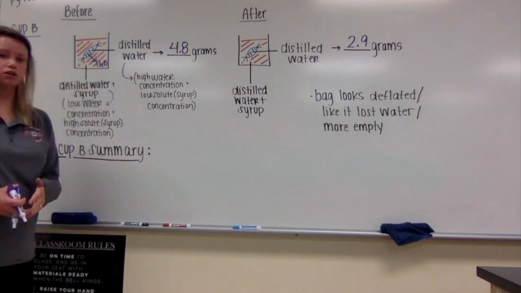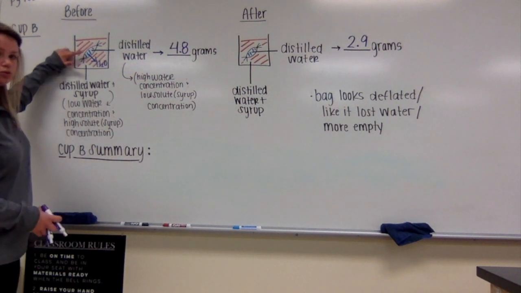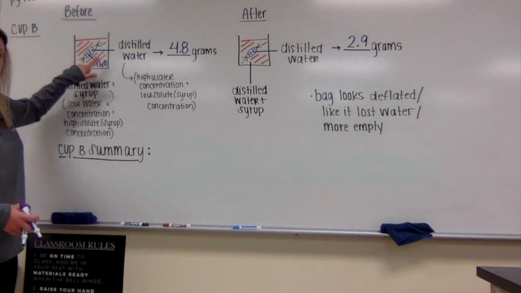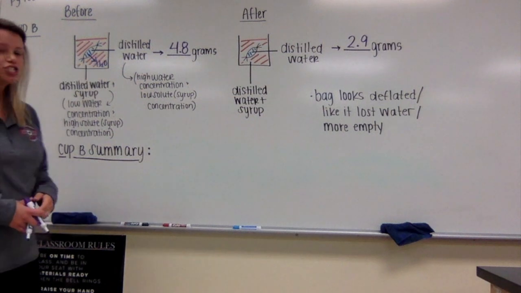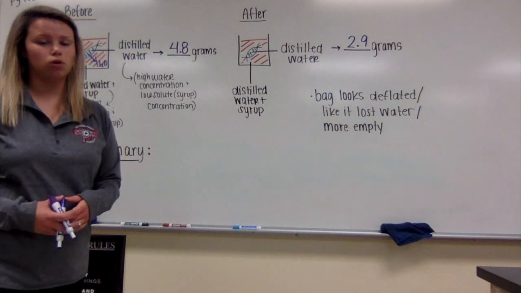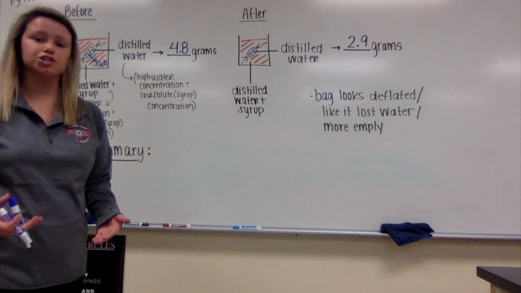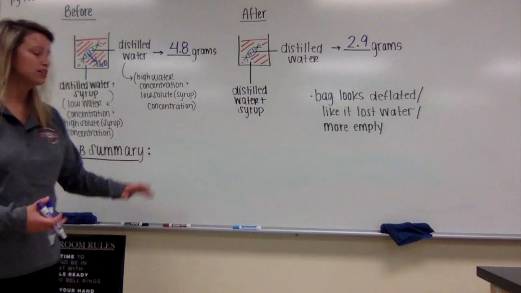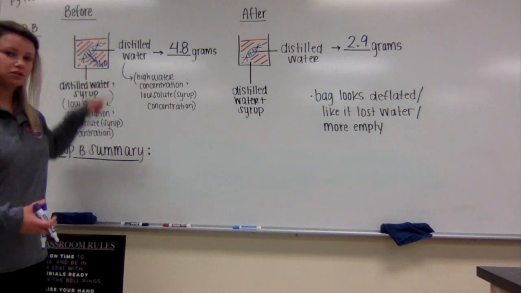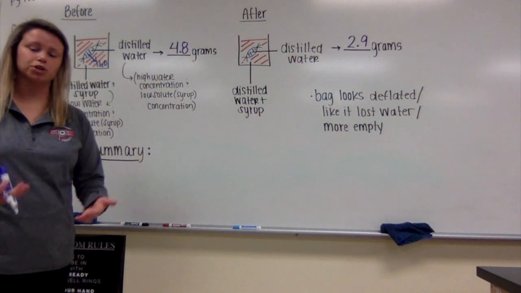You can also think of this as water moving from an area of low solute or sugar concentration to an area of high solute or sugar concentration, which is in the cup. Remember, just like with diffusion, osmosis wants the same goal to happen at the end, to reach equilibrium, to have all of the concentrations on either side of our partially permeable membrane, in this case the dialysis tubing, to be approximately the same or equal.